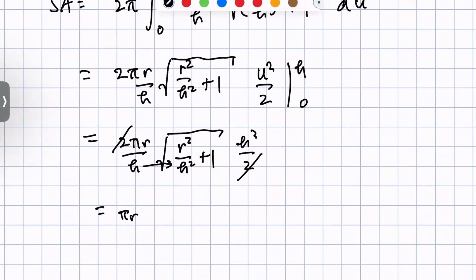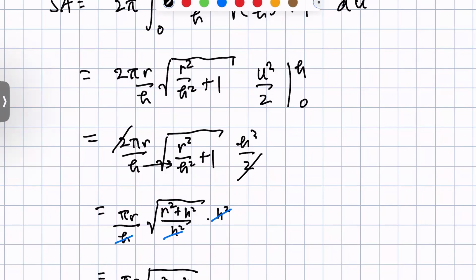Right, so it's r over h times the square root of r squared plus h squared over h squared, times h squared. Now my 2's are gone, right? So I just have an h squared. So there's an h here and there's an h here that cancels with that h squared. So what I have left is pi r times the square root of r squared plus h squared. So that is the surface area of the cone.